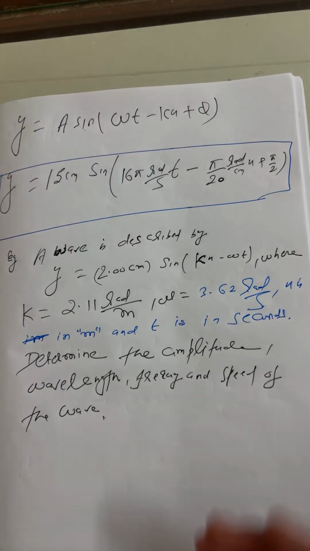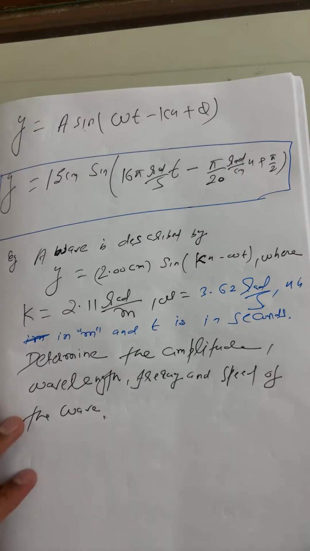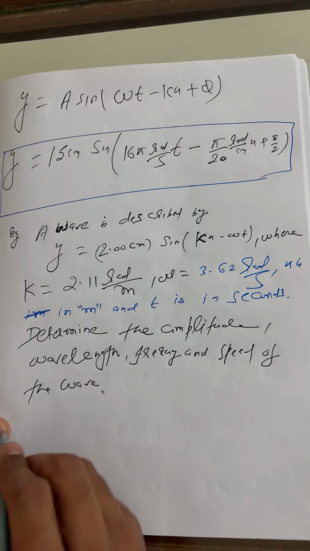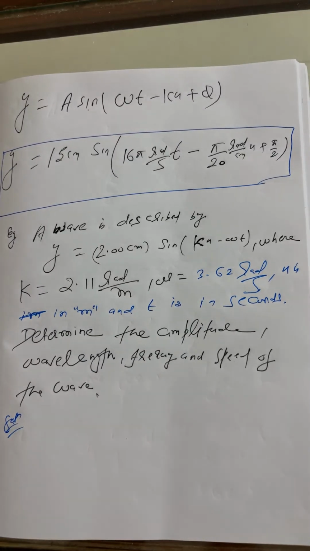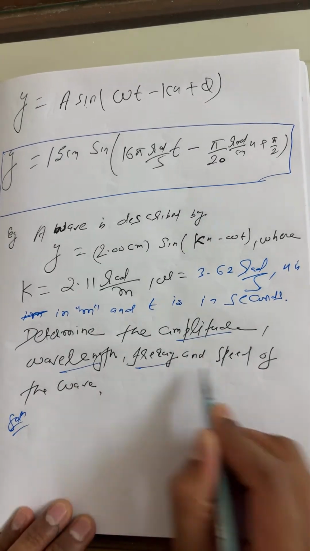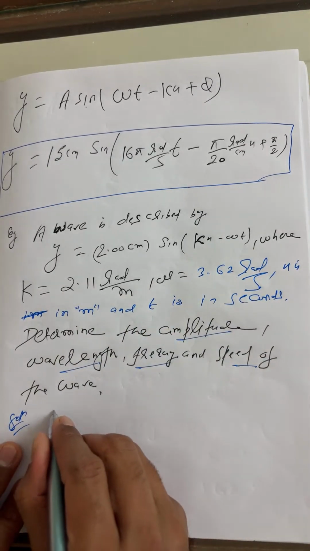Again, it's not a repeat of the previous questions, so have a look here. Try to focus. For the solution, we have to find amplitude, wavelength, frequency, and speed of the wave. First, write the given equation.